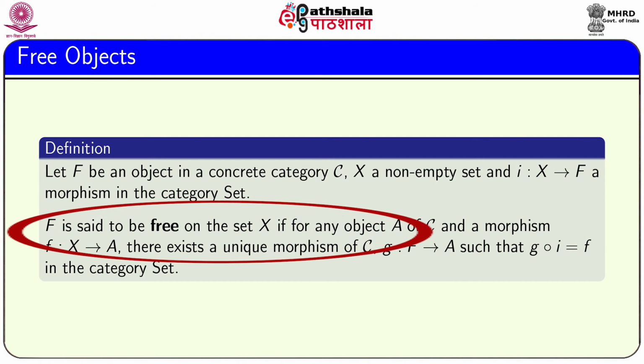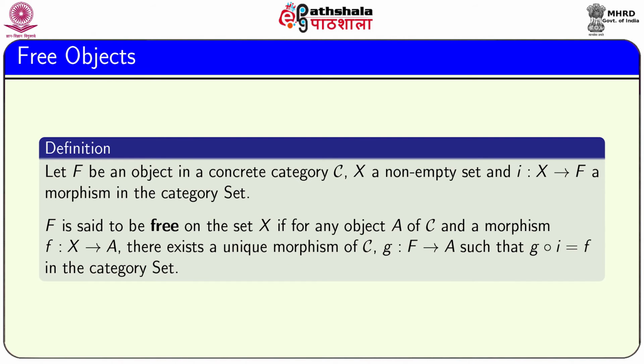F is called a free object on the set X if for any object A of C and a morphism f from X to A, there exists a unique morphism g of C from F to A such that g composed i is equal to f. This composition is taking place inside the category Set.